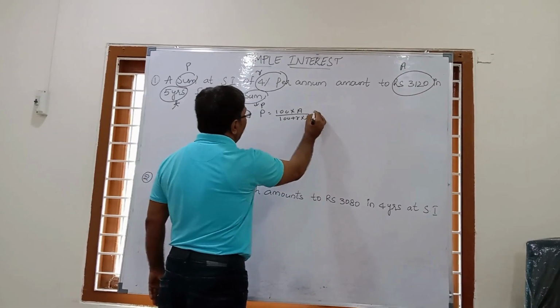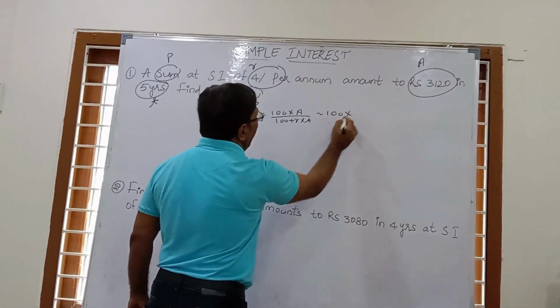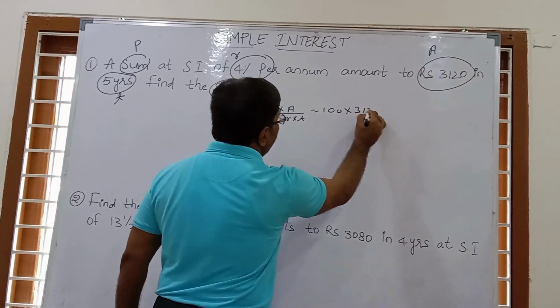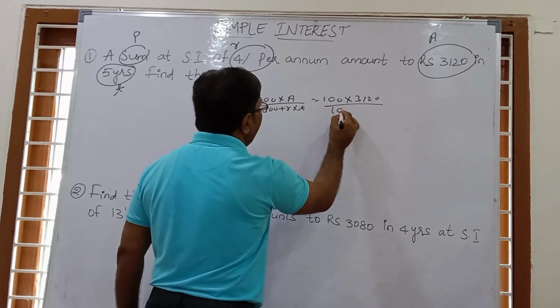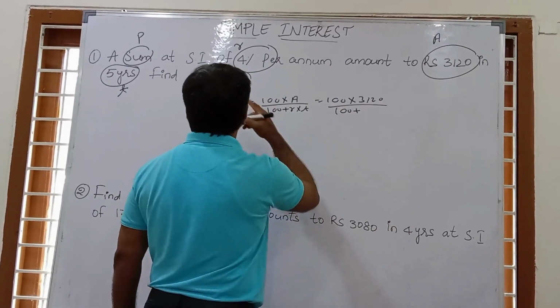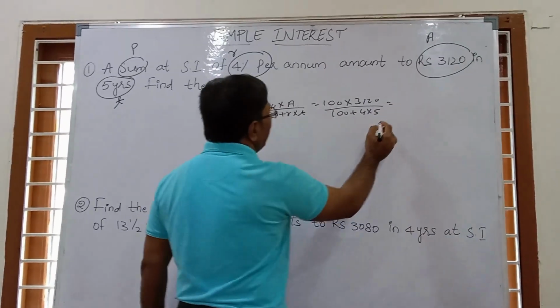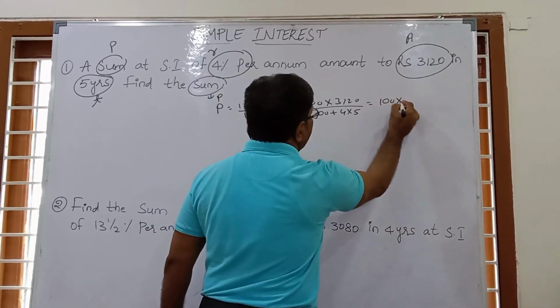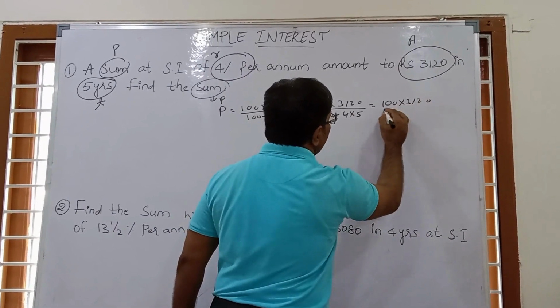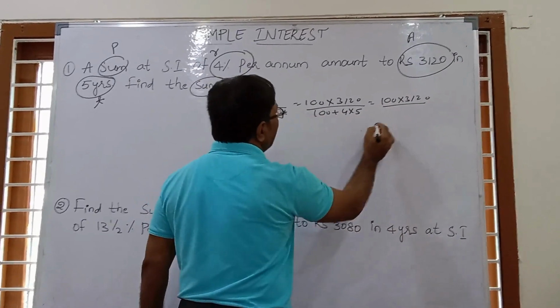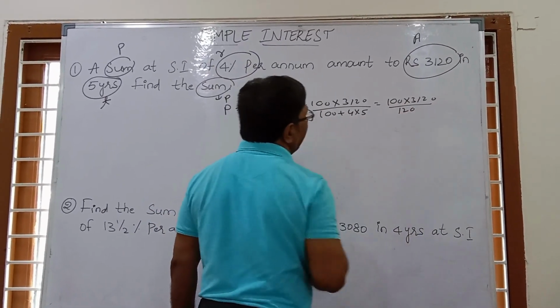So it is 100 into the amount 3120, upon 100 plus R, which is 4, into T, which is 5. So 4 into 5 is 20, and 100 plus 20 is 120.